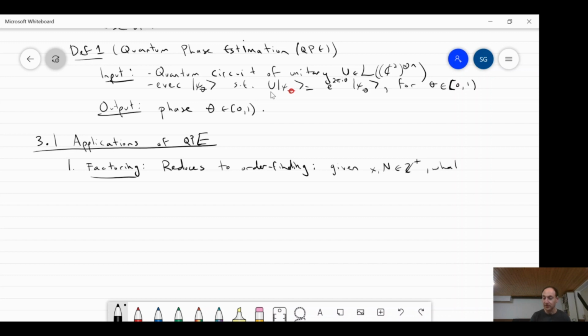The question is, what is the smallest positive integer r such that x to the r is equivalent to 1 mod n? Roughly speaking, if you could solve this problem, it turns out you can solve the factoring problem. And quantum algorithms can solve this order finding problem.